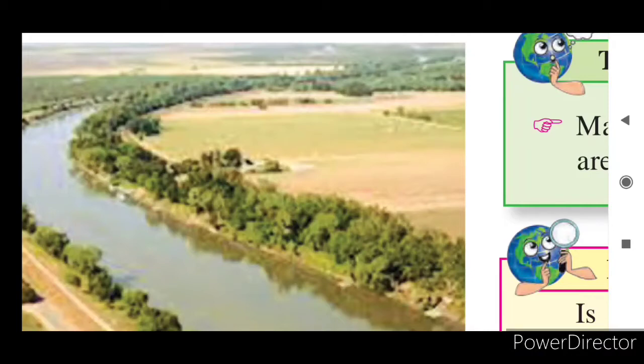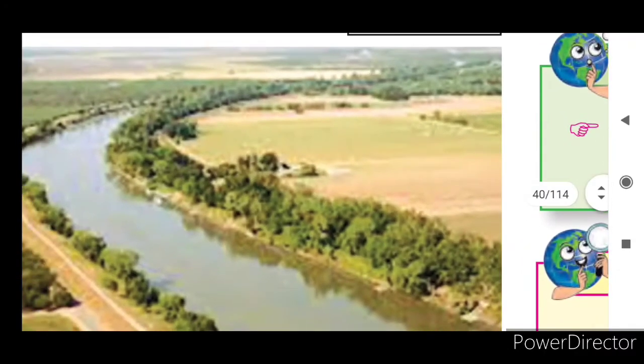So when the level of the water in the river channel increases, it overflows and water spreads to nearby areas. This is called flooding. When the river is flooding, a large amount of sediment comes out with the flow. Heavy sediments are found towards the bottom of the river, while suspended particles, light particles, are scattered all over.